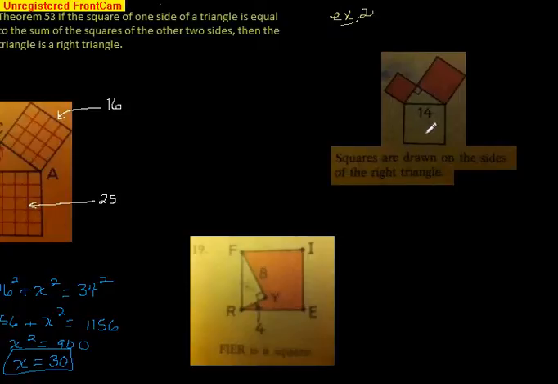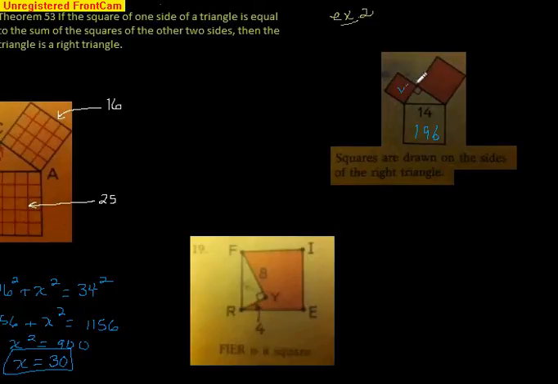Let's see what we're looking for real quick. It says find the shaded area. So we know that this plus this equals whatever this is squared, and this squared is 196. So we know these two red squares have to equal 196. We don't even care what these sides are.